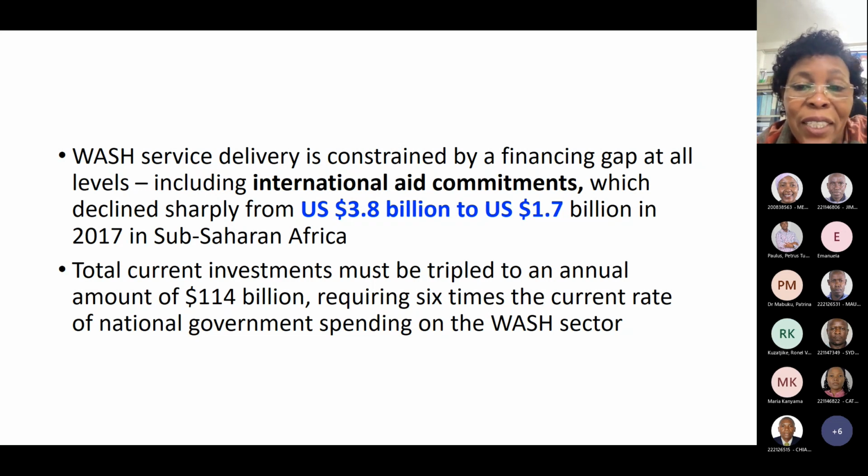Now, this is a challenge because it's a lot of money that is required to improve the situation. But much as it might be difficult to invest the amount that has been mentioned here, I believe to some extent something will be done, because we need good WASH services in place.